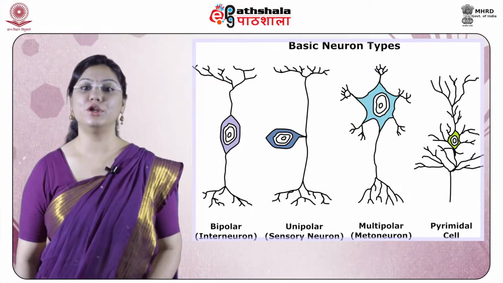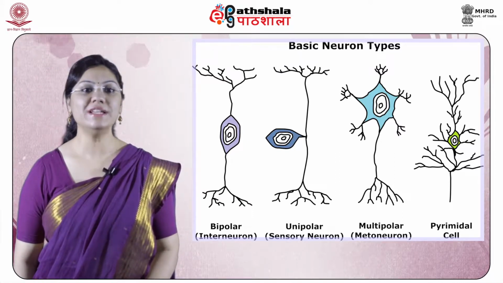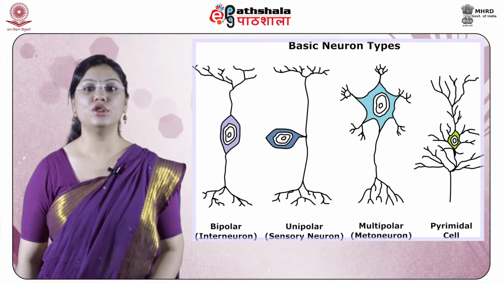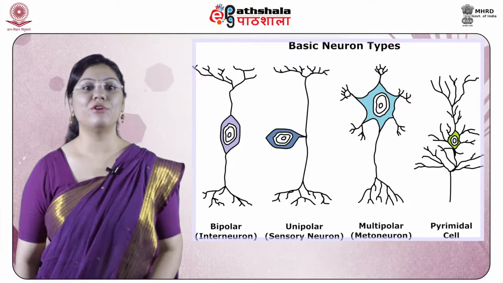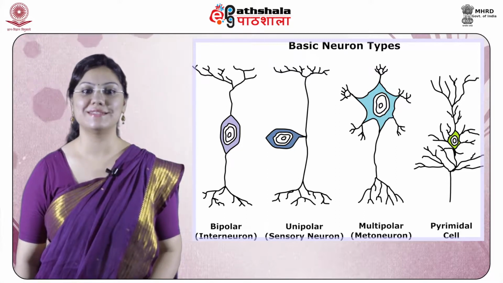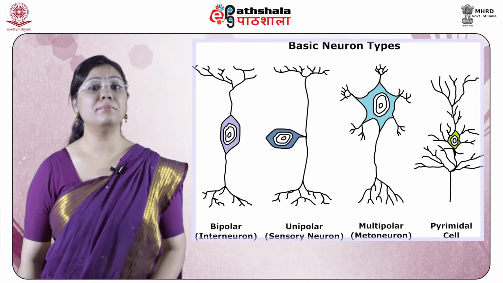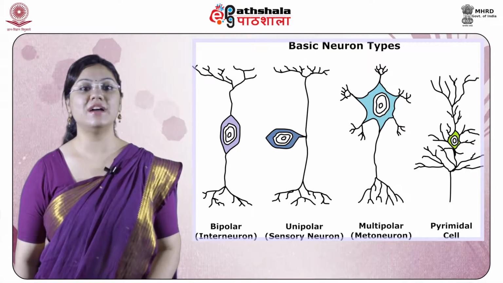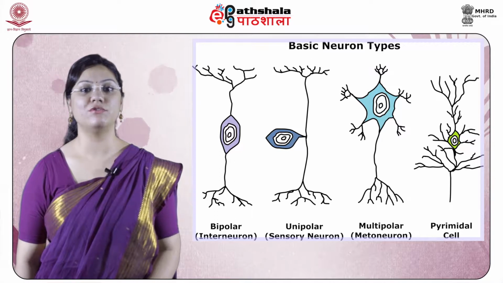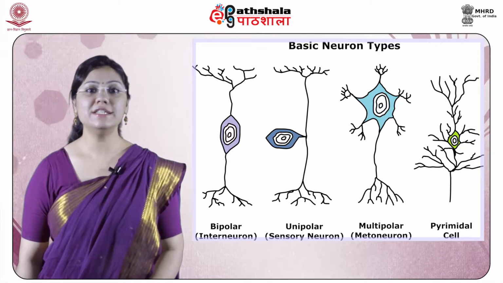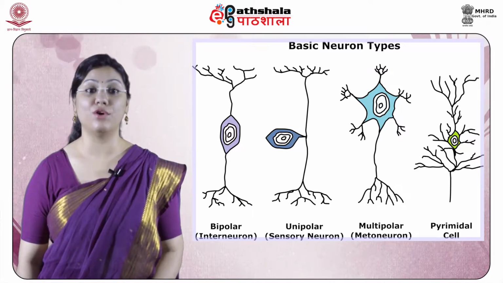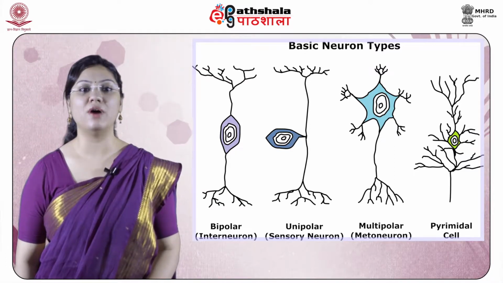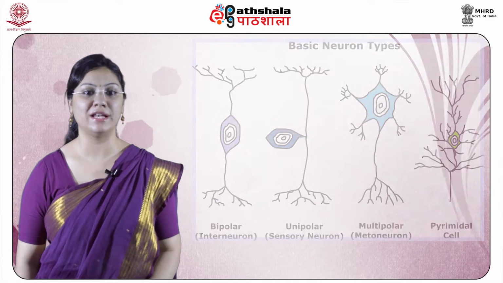A bipolar neuron has only one dendron which arises from the soma on the opposite side from which the axon arises, and in multipolar neurons there are many dendrons that arise from different sides of the soma. The multipolar neurons are involved in higher order functions and mostly found in the brain and the spinal cord.